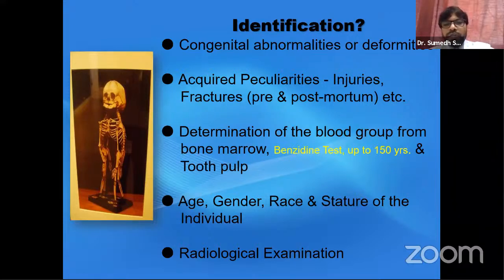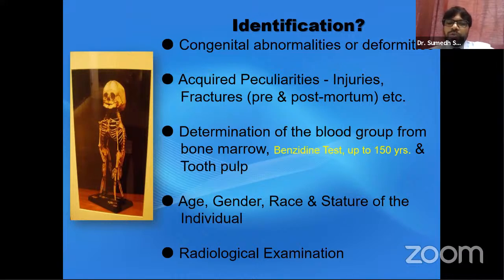So this is the most important pre-mortem fracture. In case of post-mortem fracture, there could be a stain, but that stain is not in the form of seepage inside the bone, and that could be easily washed out. And you can test this stain with the help of an antigen-antibody test.